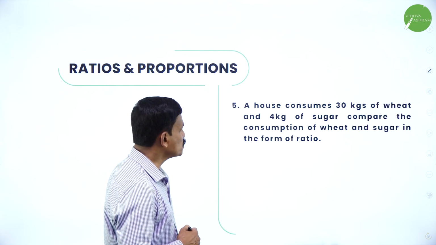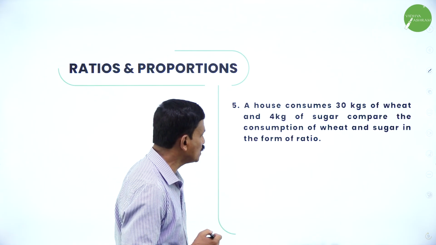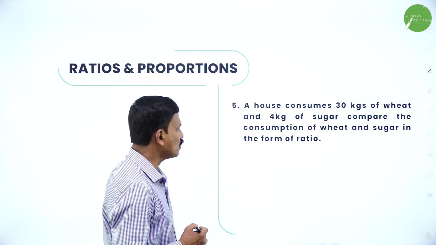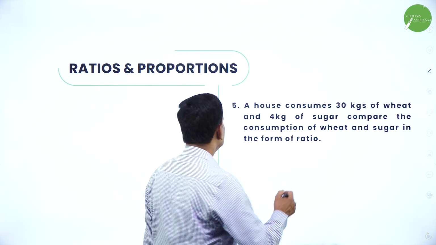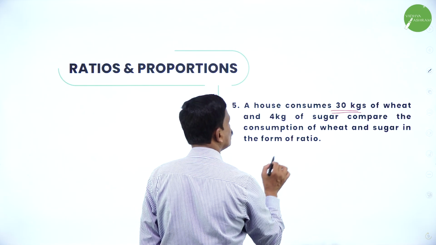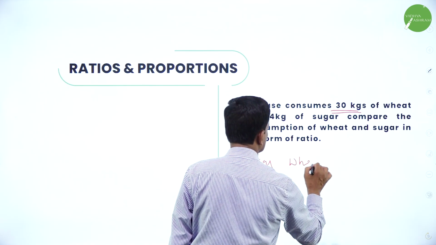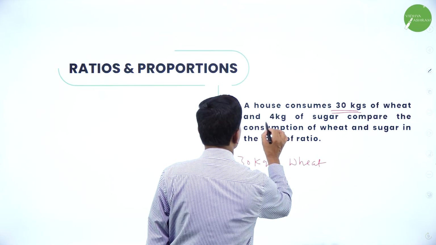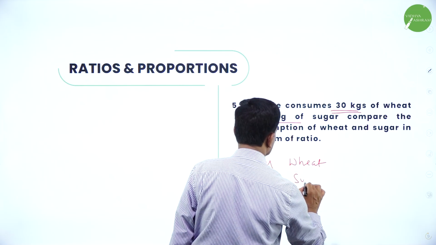Next, a house consumes 30 kgs of wheat and 4 kg of sugar. Compare the consumption of wheat and sugar in the form of a ratio. So, a house consumes how much wheat? 30 kgs of wheat. Right. And 4 kg of sugar.